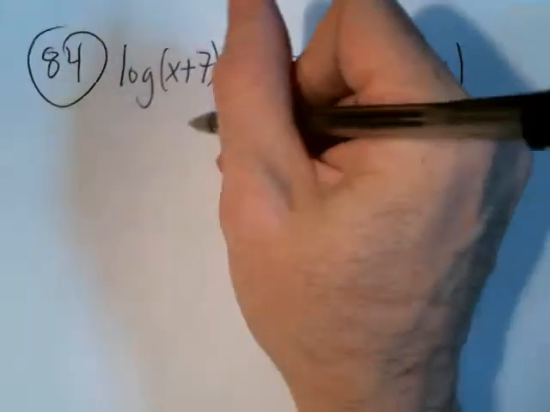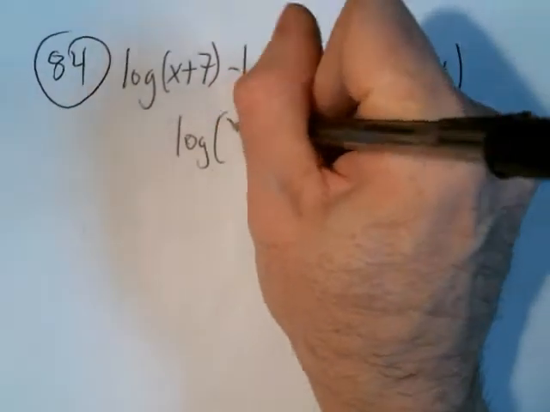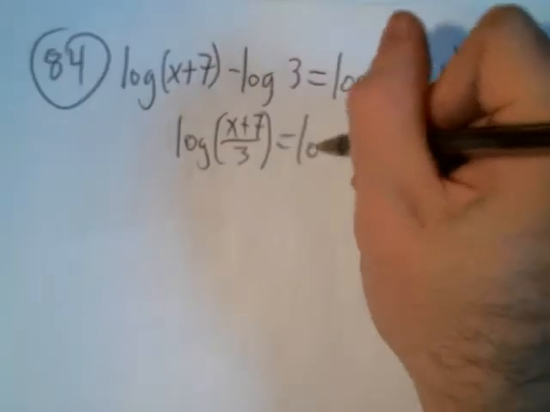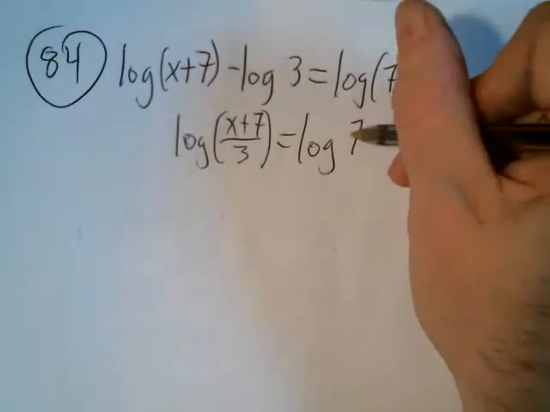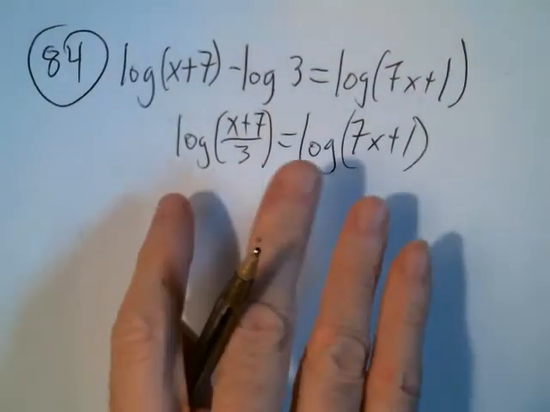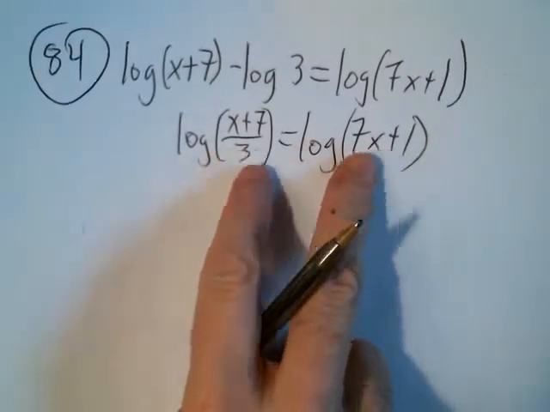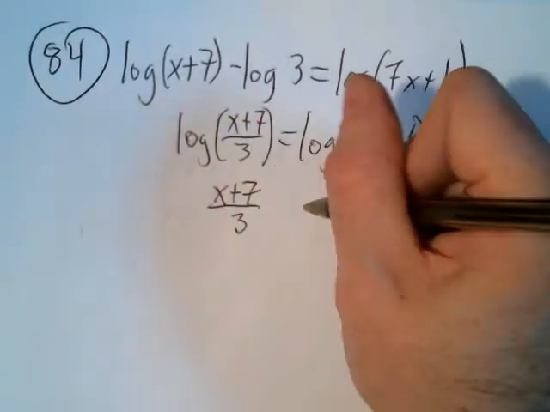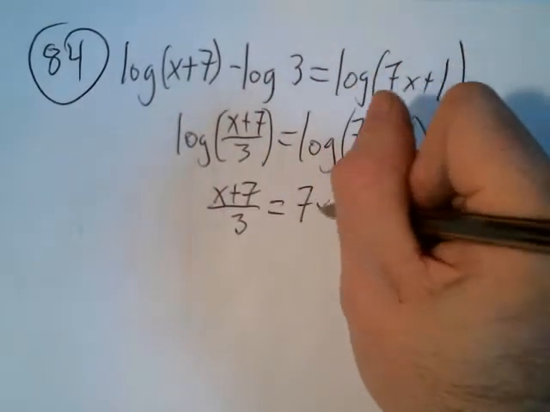I get log of (x plus 7) all over 3 equals log of 7x plus 1. Then you can use the one-to-one property to equate the guts on either log. So (x plus 7) over 3 equals 7x plus 1.